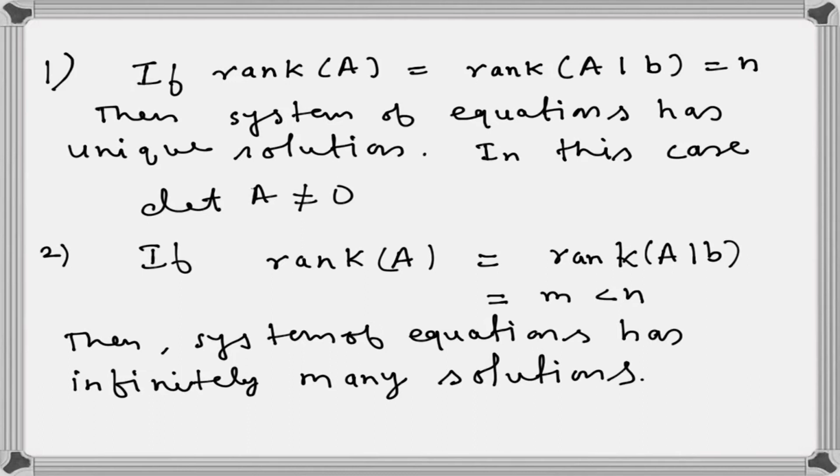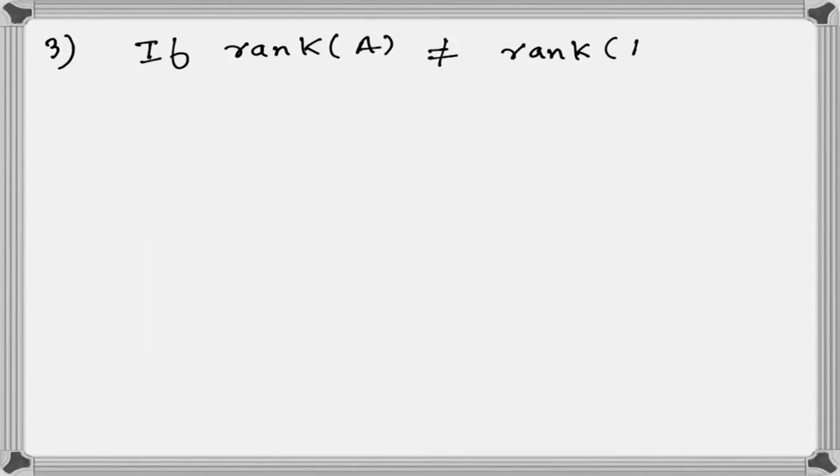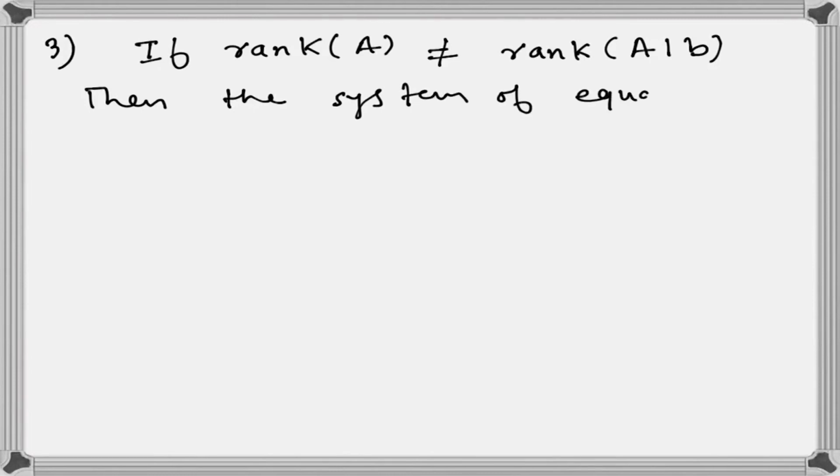The condition for no solution is, if rank of A is not equal to rank of the augmented matrix [A|B], then the system of equations has no solution.